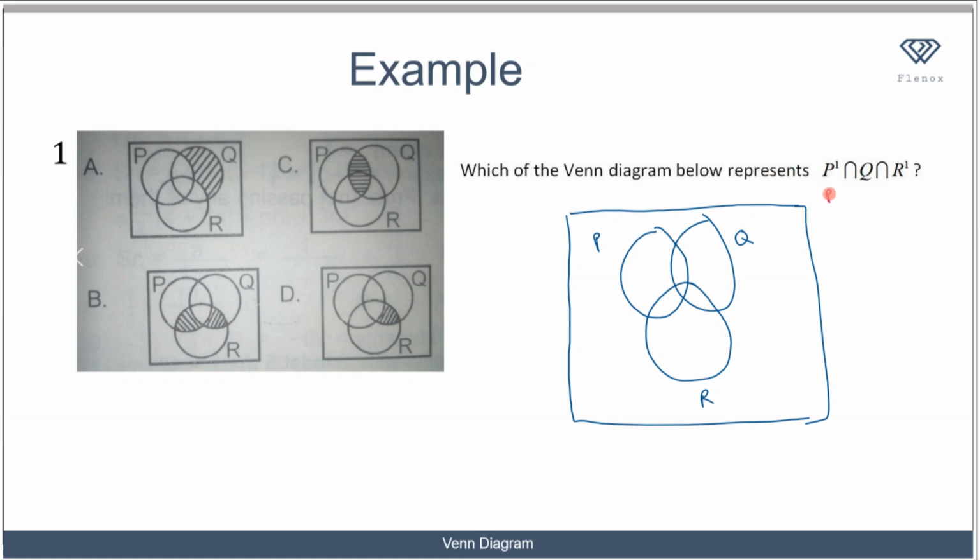So I'm going to represent that with a white line. P complement is everything that is not within this circle. So that will be every portion that I'm trying to identify. So everything like this represents P complement.